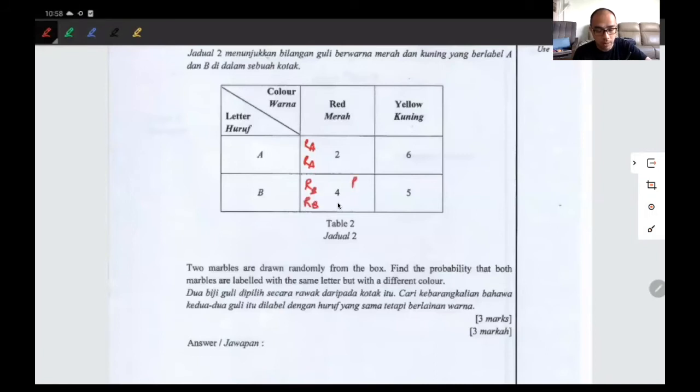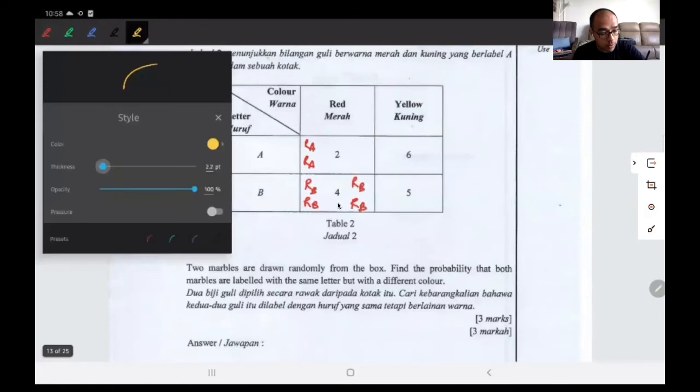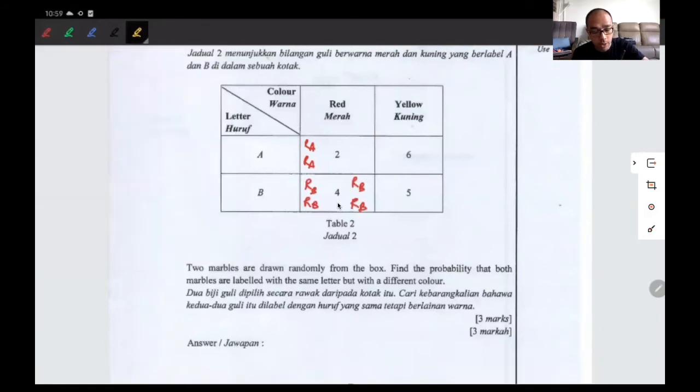Red B, red B, red B. Okay, this is yellow A. Alamak, it was 6. My goodness. Let me make the pen a little bit thinner. So how many yellow A's? Yellow A, yellow A, yellow A, yellow A, yellow A, and yellow A. And yellow B's are 5. Yellow B, yellow B, yellow B, yellow B, yellow B.